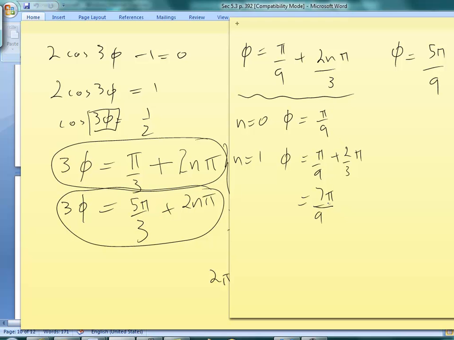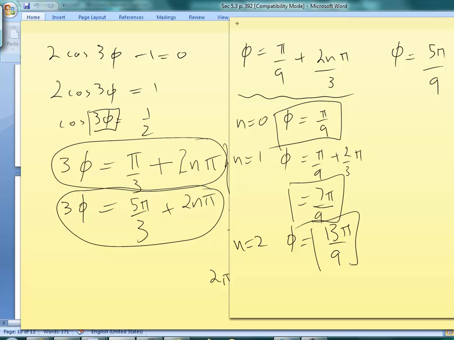I'm adding 6 pi to the top. So I can go n equals 2 and phi would be 13 pi over 9. I hope you see where the 6 pi is coming from. If I go from here to here, I've added 6 pi, and then I can add 6 pi more and I get 13 pi over 9. This is still not more than 2 pi. If I go another 6 pi, I'm going to go over 2 pi because this is going to become 19 pi over 9. So the only 3 answers from this side are that one, and that one.